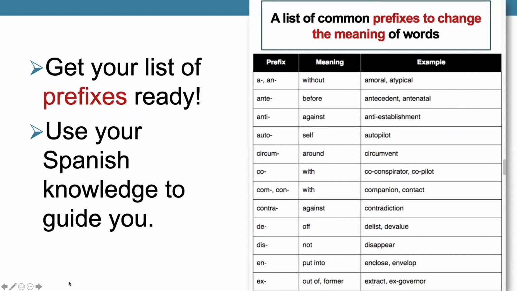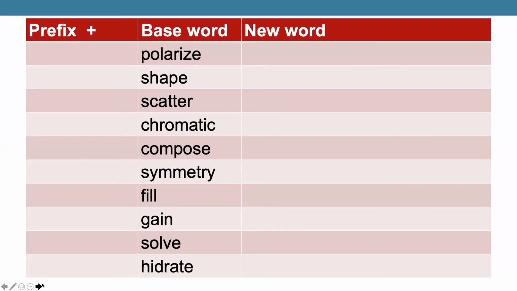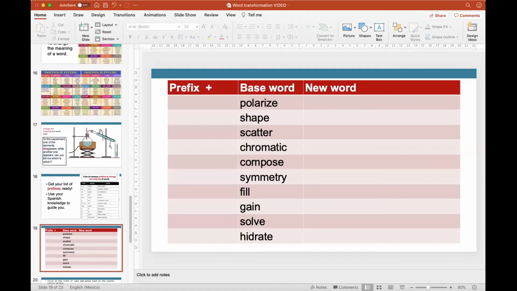Okay. So get ready your list of prefixes, please. It is before the list of suffixes. And remember that we are also going to think a little bit in Spanish just to be sure that you are getting the correct word. So if you have your list of prefixes, we are going to work together. Okay, we have the base word, which is polarize.